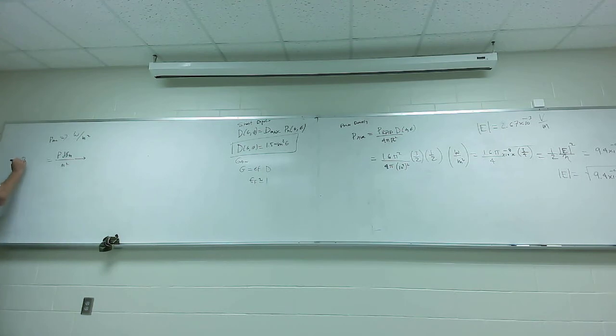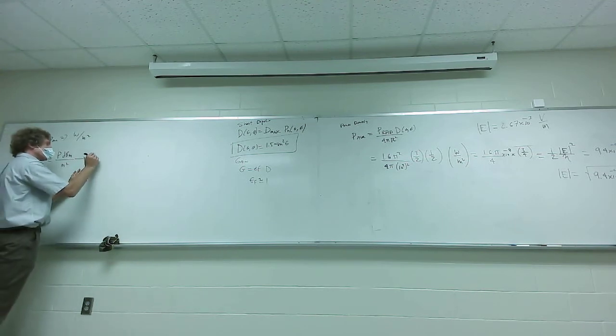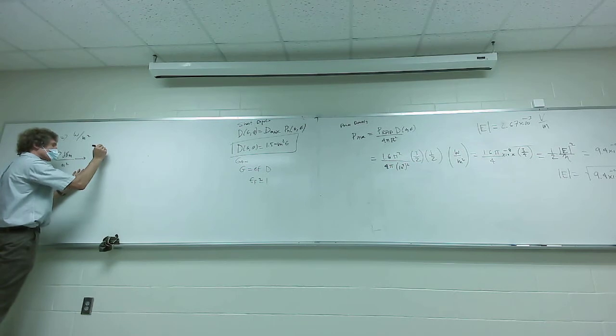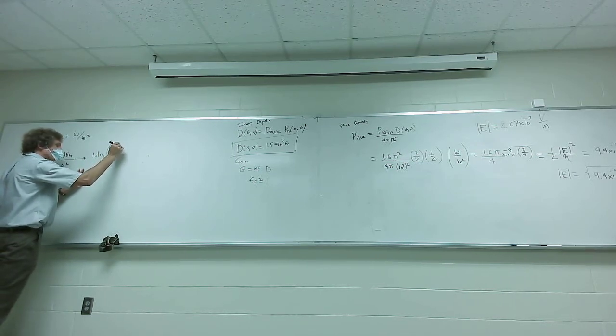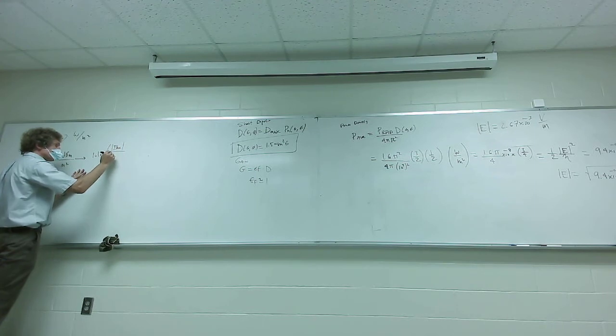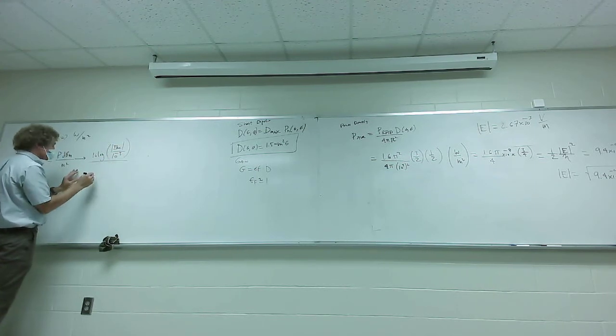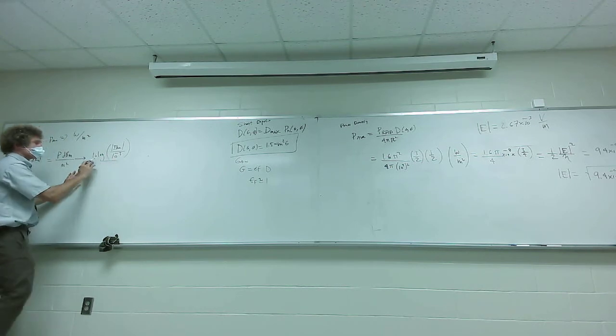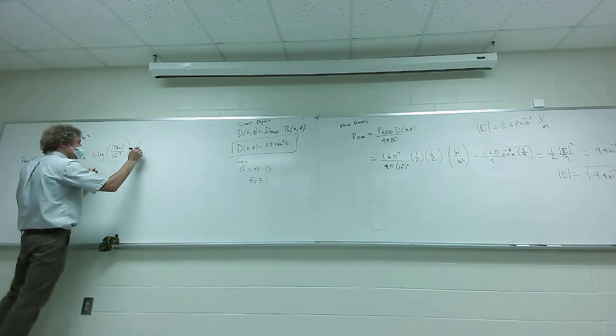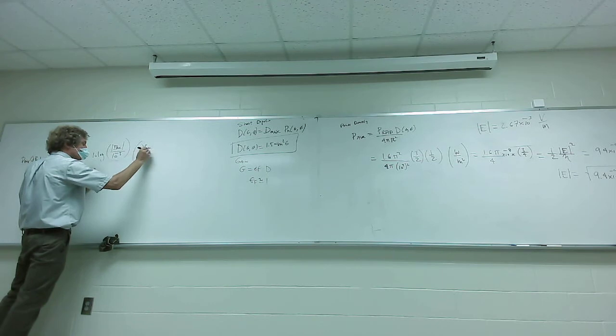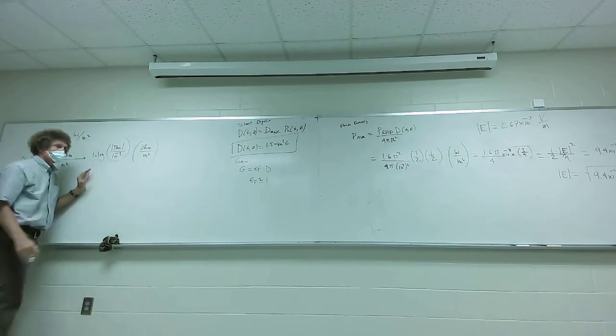It will be P in dBm, and that's given as 10 times the log of the magnitude of the actual power density in watts per meter squared divided by 10 to the minus third. So the units would be dBm per meter squared.